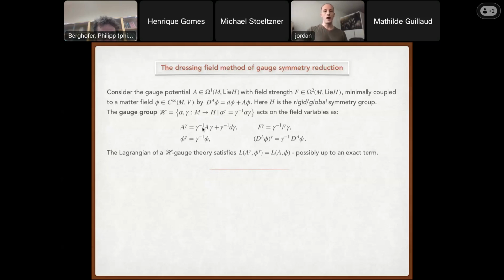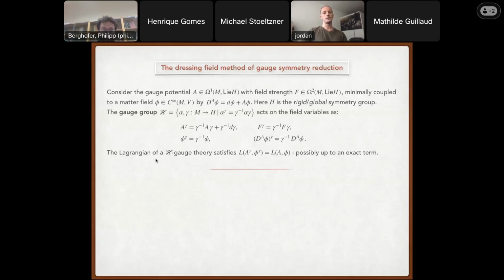So the gauge group acts on the variables in a way that you are familiar with, I suppose. It is non-homogeneous on the connection, and it is homogeneous, gauge tensorial, so to speak, on the field strength, the matter field, and their covariant derivative, hence the name covariant derivative. And so this is the kinematics, basically.